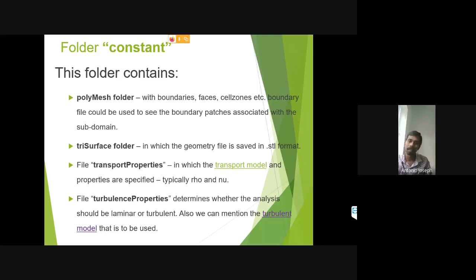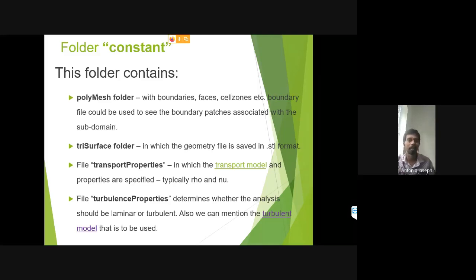And we know that we want only three boundaries, and obviously we will name these in our initial condition directory for the pressure, velocity, or temperature values. We will specify these three patches and give some values or boundary conditions.